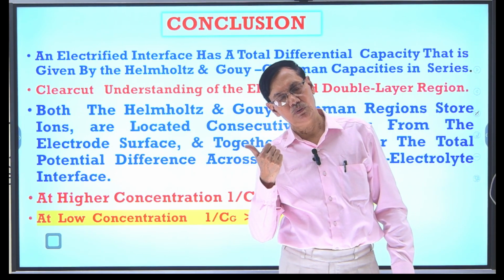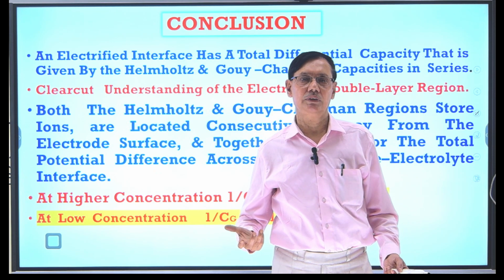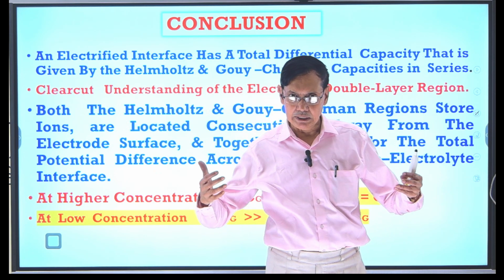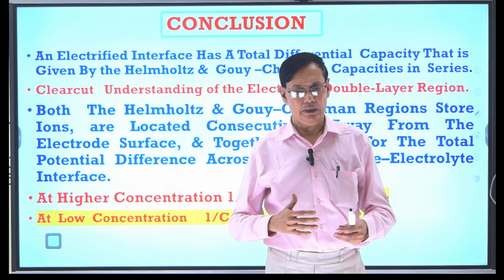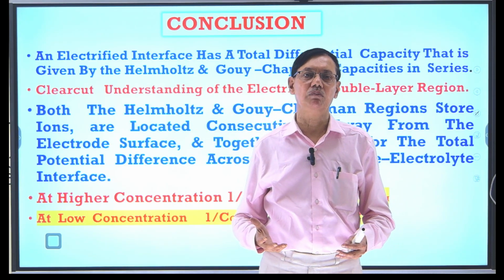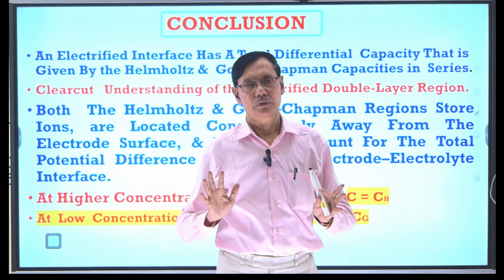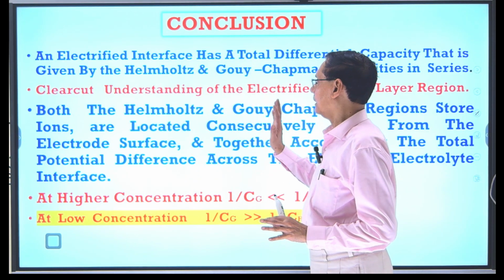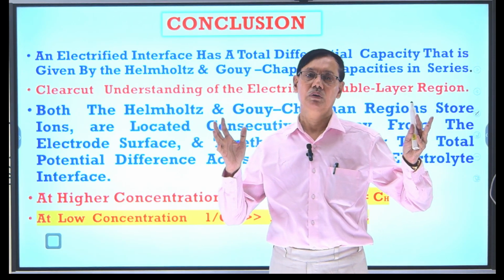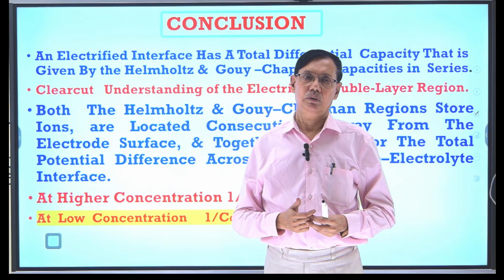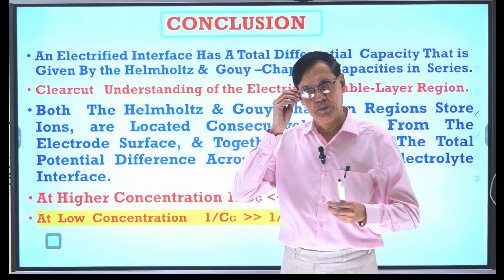And if you read carefully the Gouy-Chapman layer, you can understand the movement of the ions, they are obedient to the Poisson and Boltzmann equation. So it is a clear-cut understanding of the electrified interface. Now it is very clear how we can calculate the total differential capacitance.